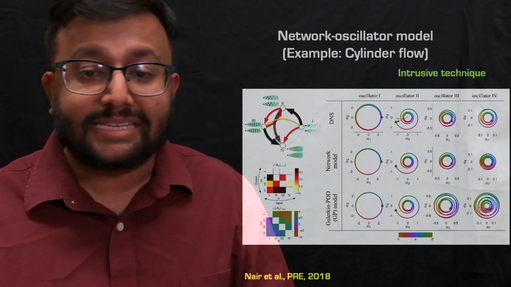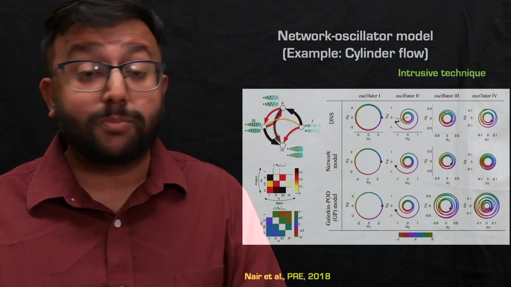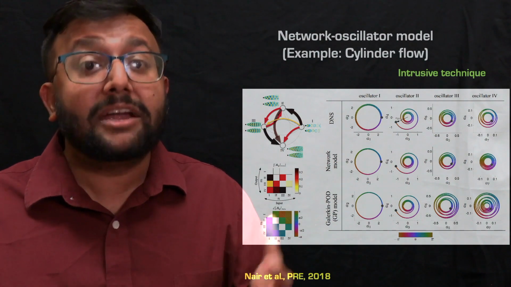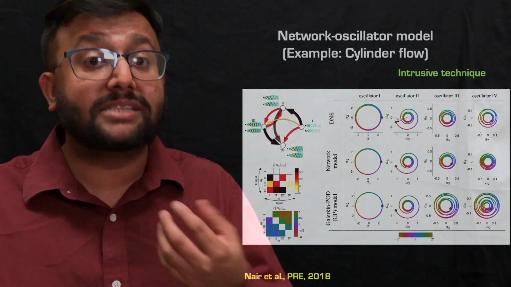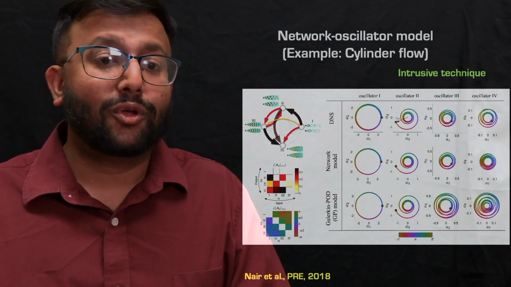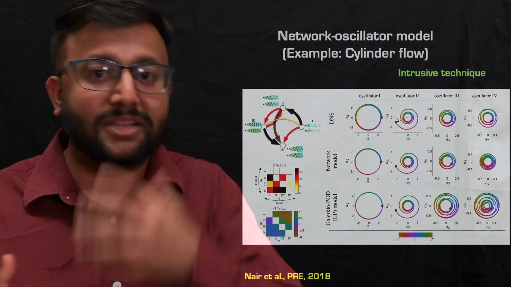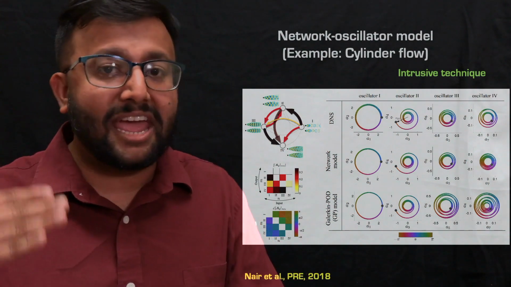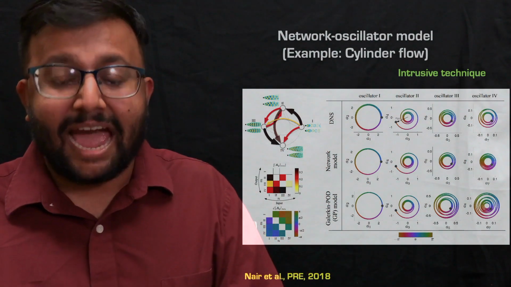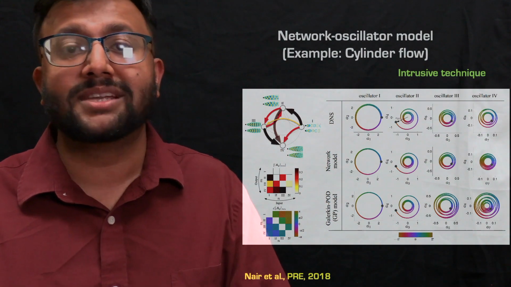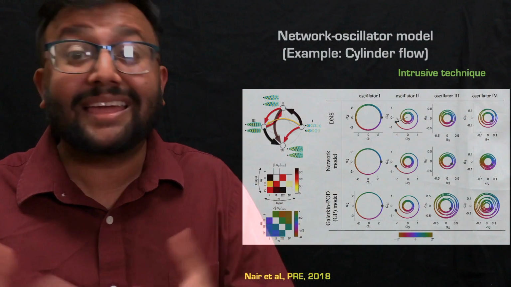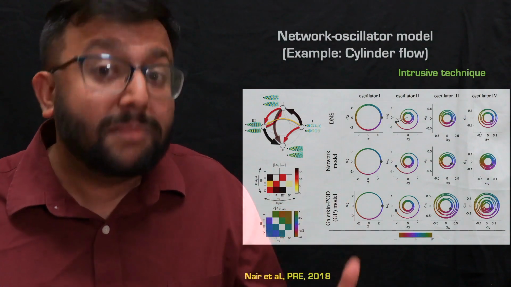So let's see an example for cylinder flow. This model works really well compared to the Galerkin projection model for capturing, again, off-limit cycle transients. If you see a certain theme here, there is a lot of scope in input-output modeling, and a lot of scope in building reduced order models or tracking these off-limit cycle transients.